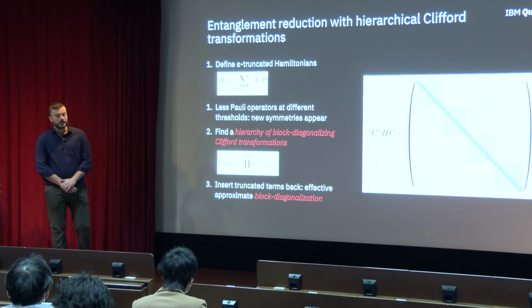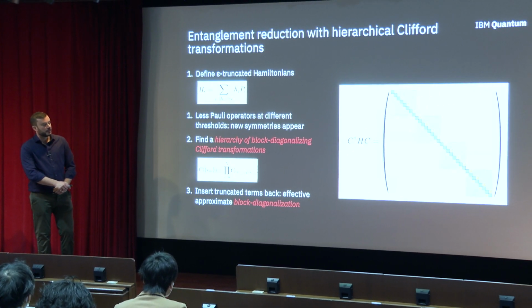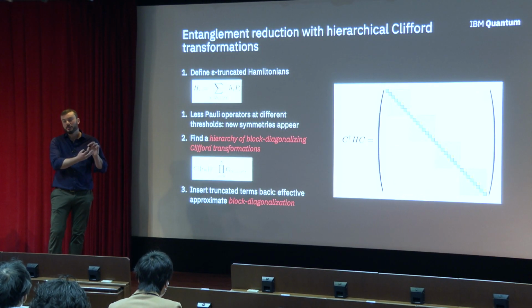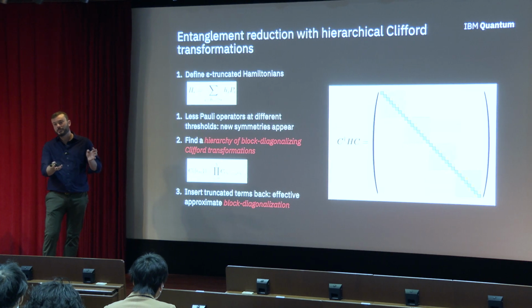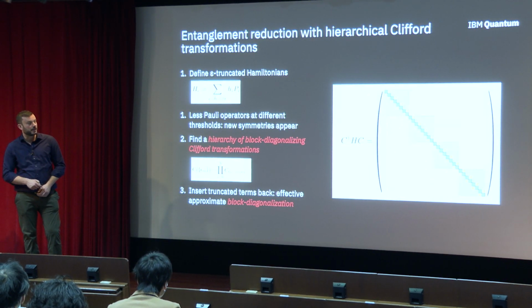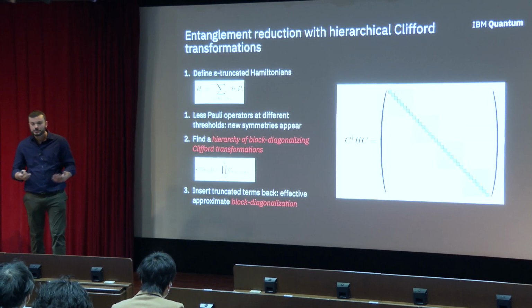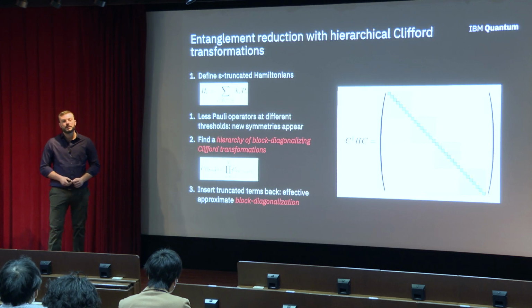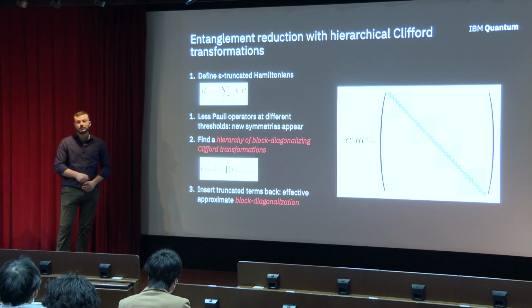One would be, for example, you can take these smaller blocks and use them as your active space. Some other things that you can do: you can cut along these larger blocks, for sure.